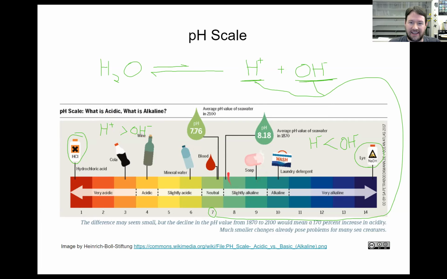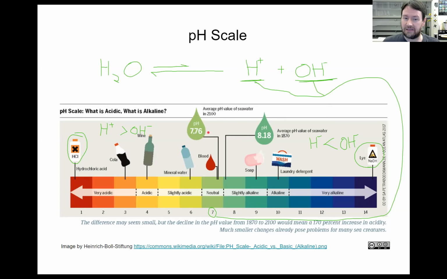Our cells actually like to be a little bit basic. Blood has a pH of maybe 7.7, somewhere around there. Just very slightly basic. Seawater, well, if we were back in 1870, the pH would have been 8.18. In 2100, it's predicted to be quite a bit more acidic.